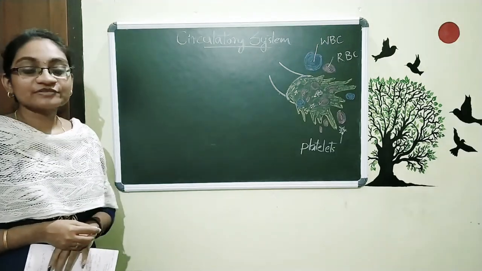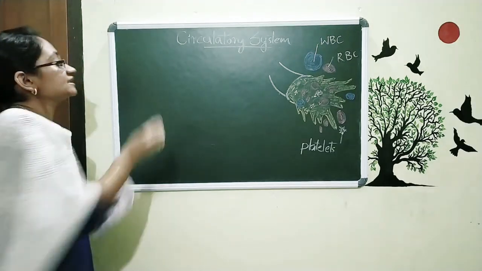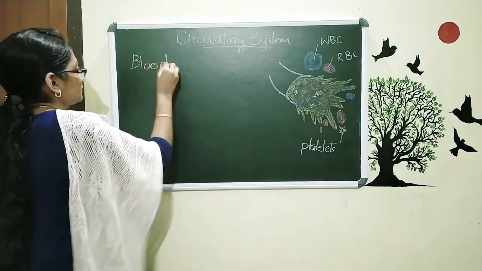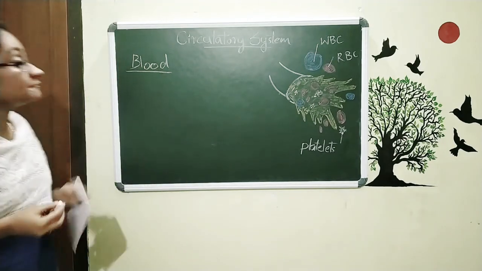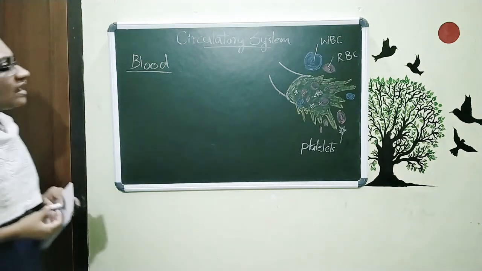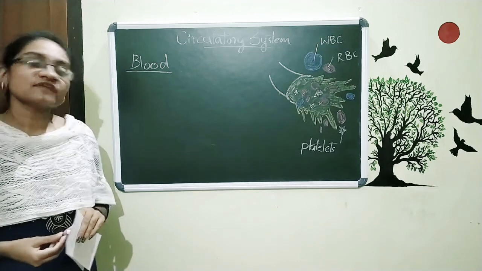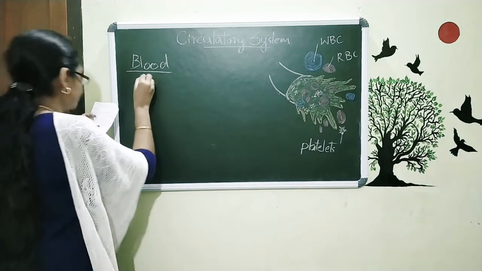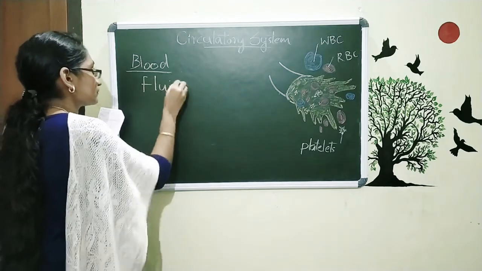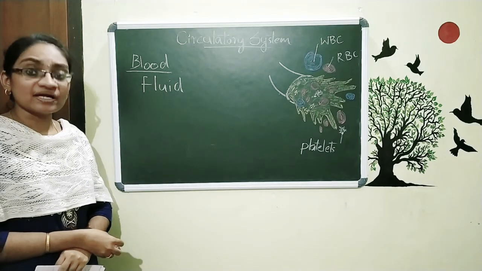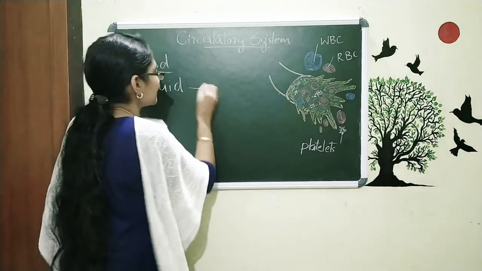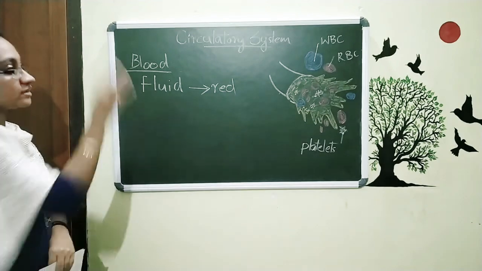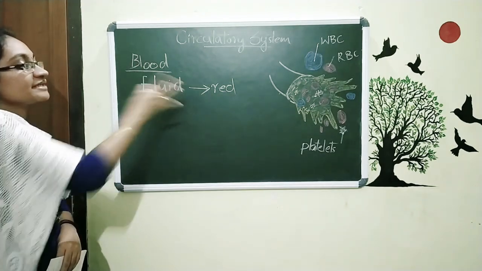Now we want to study blood in detail. How can we define this blood? What is blood? Blood is actually a fluid. And what is the color of this fluid? It is red in color. We are talking about the human body, and the color of human blood is red.